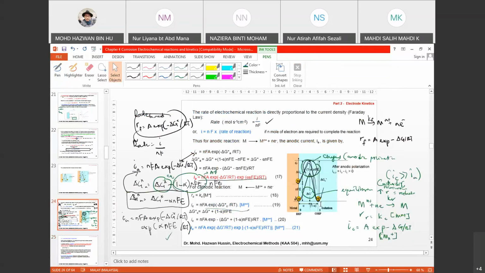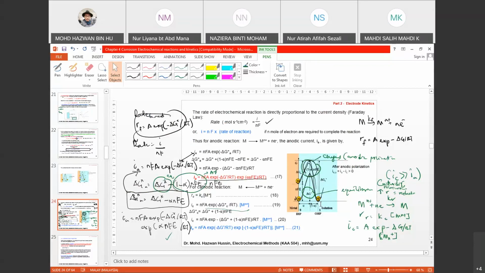Some might ask how we can change to anodic polarization or cathodic polarization naturally. If anodic polarization means you have more forward reaction and more oxidation, then naturally you can increase the forward reaction by adding more oxidant, like oxidation chemicals, potassium permanganate, anything that has more oxygen. This promotes more oxidation.